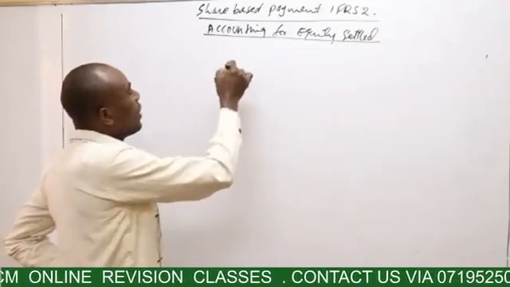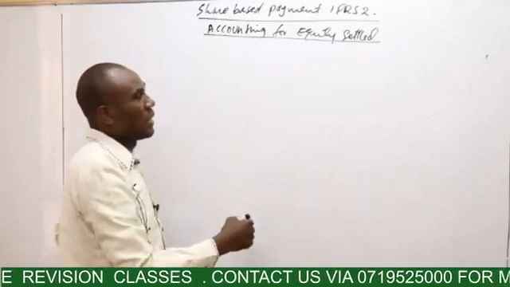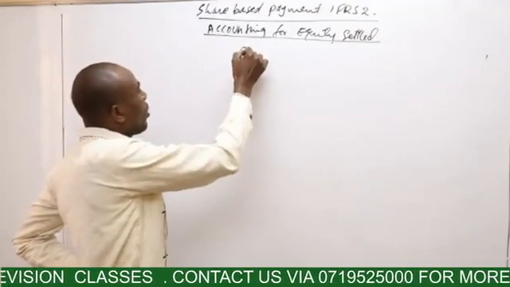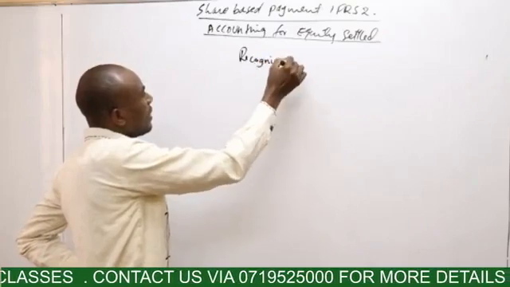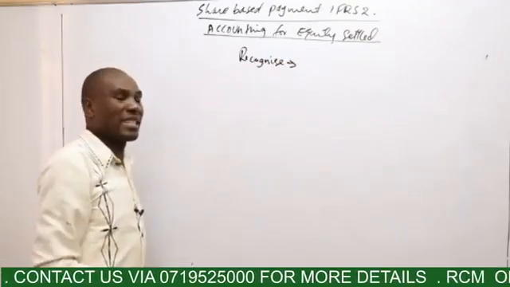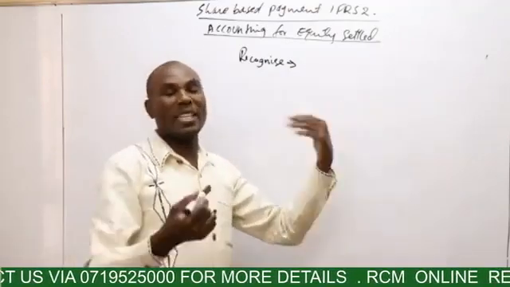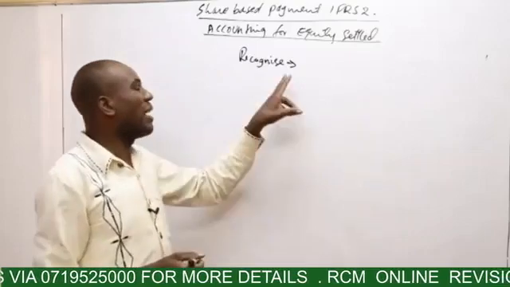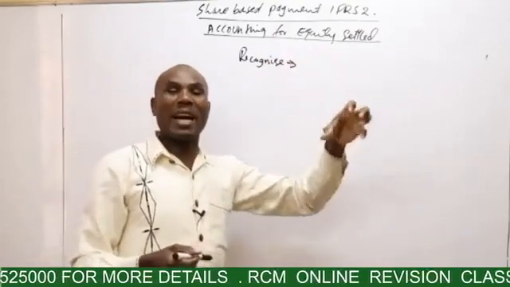Now, when we are accounting for this equity settled, remember we need to recognize the expense or liability, or to recognize the asset. If, for example, I'm receiving the asset for the shares, I need to recognize the asset. Therefore, I will recognize the asset or the expense when I receive the goods.